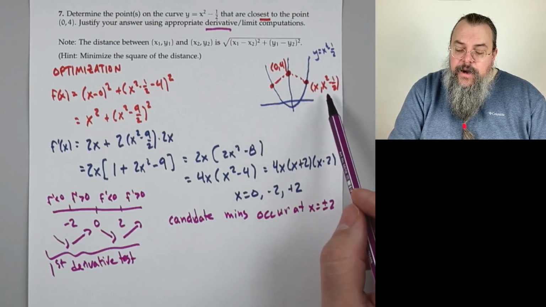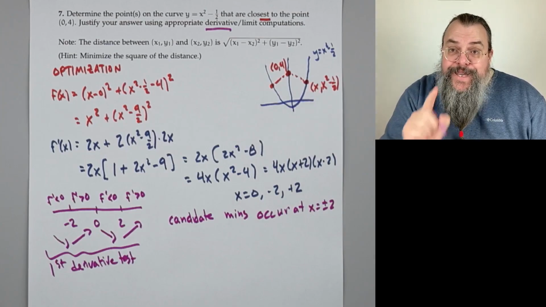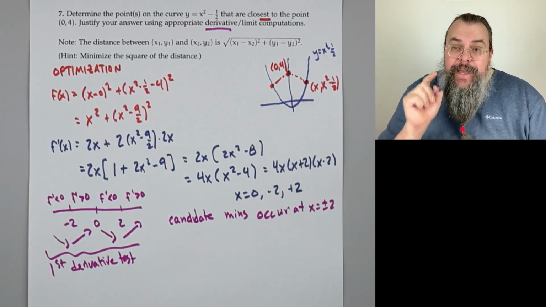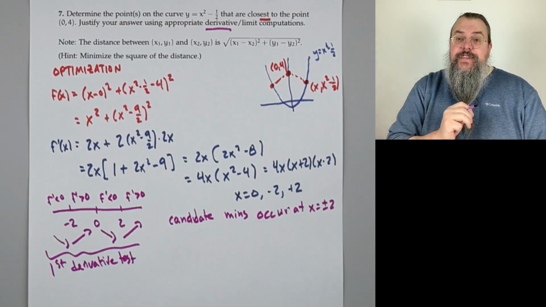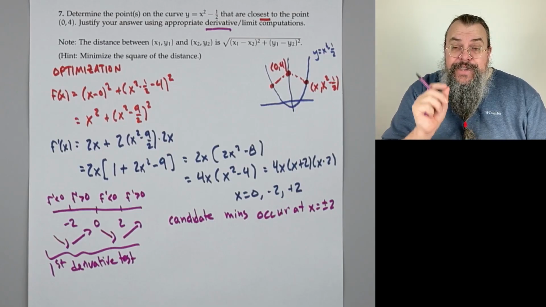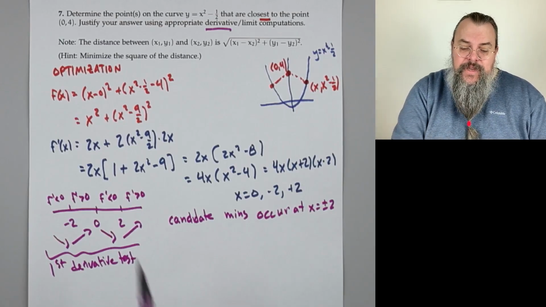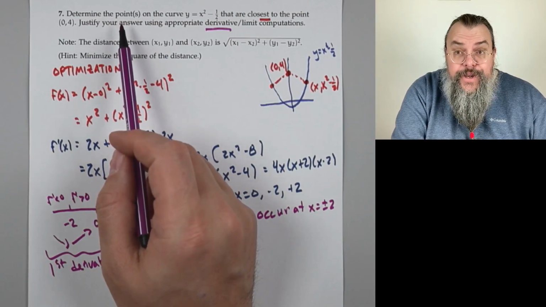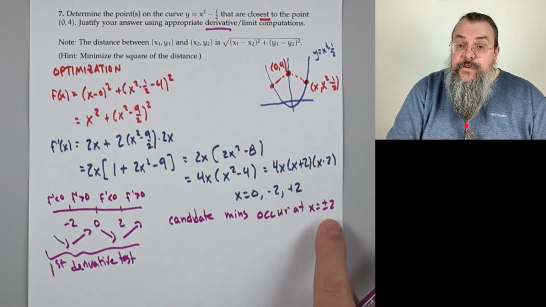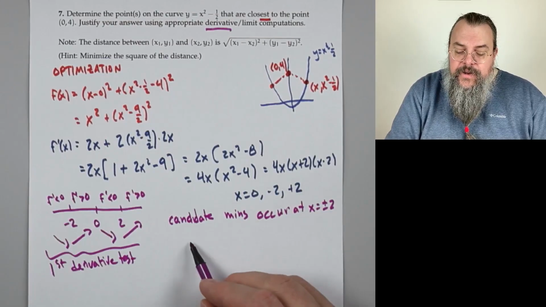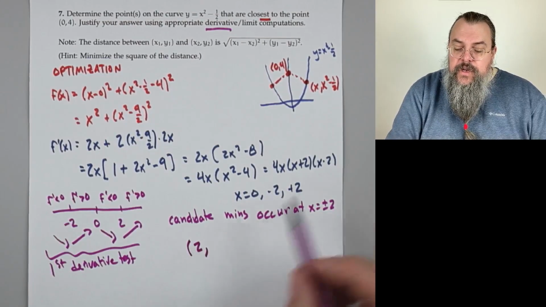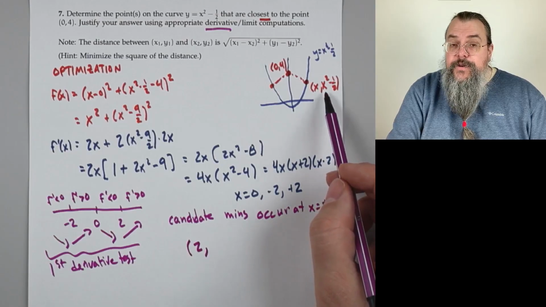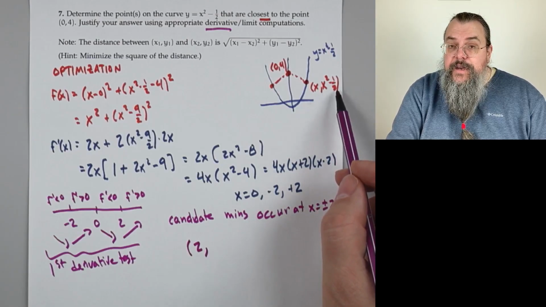So we are almost there. We want to be careful, though, that we answer it in the way they asked us to give the answer. How did they ask us to give an answer? They want points, not x values, points. And there's 2 of them. So we'd have 2, and then 2 squared, which is 4, minus a half.